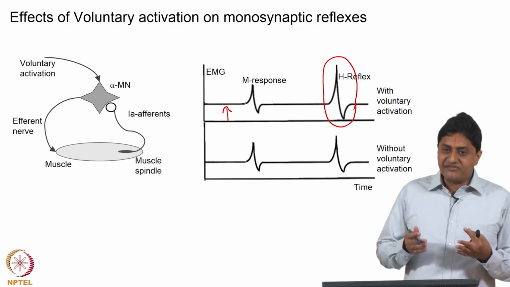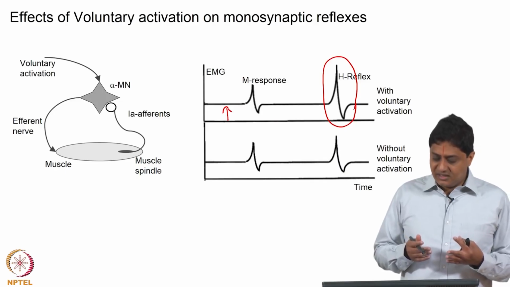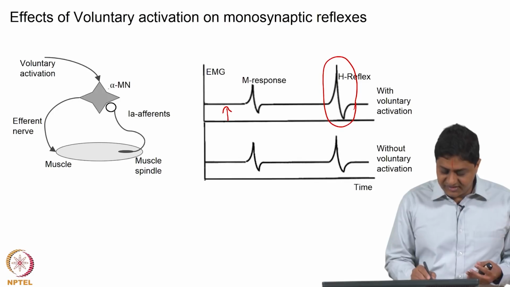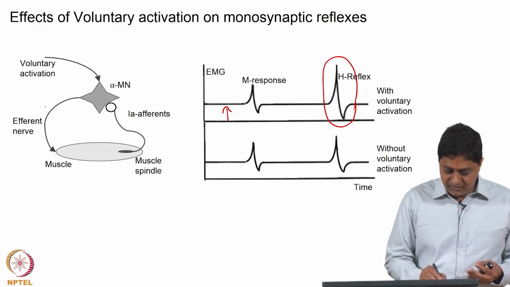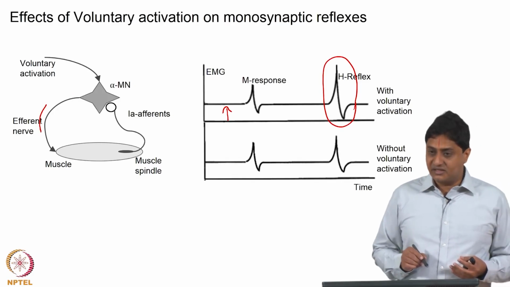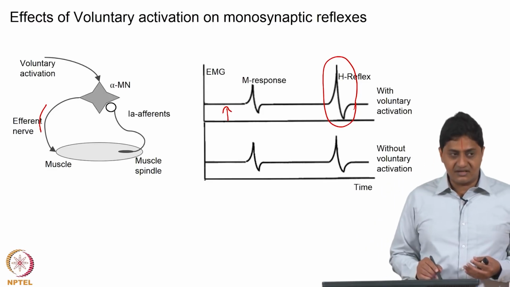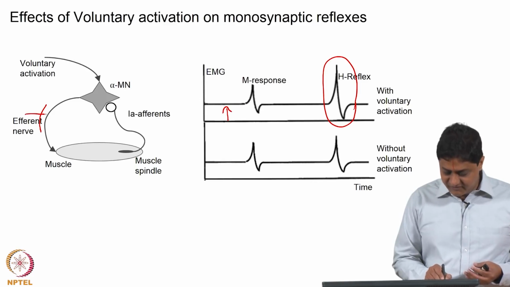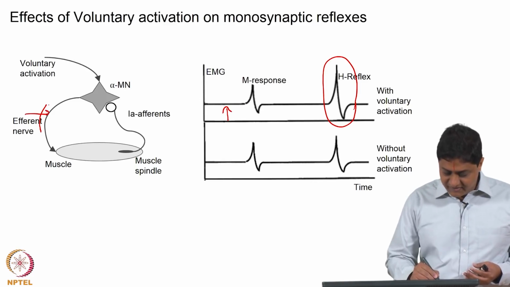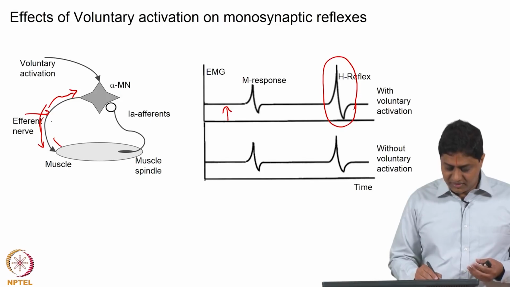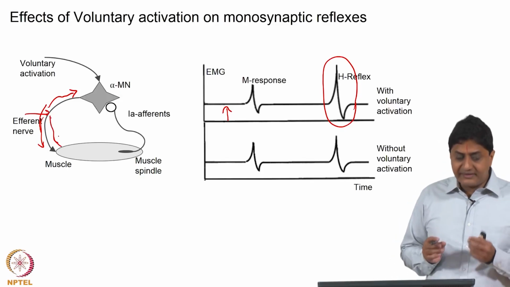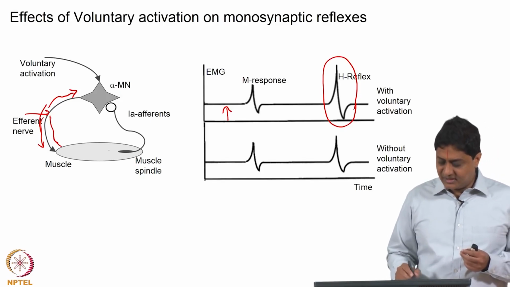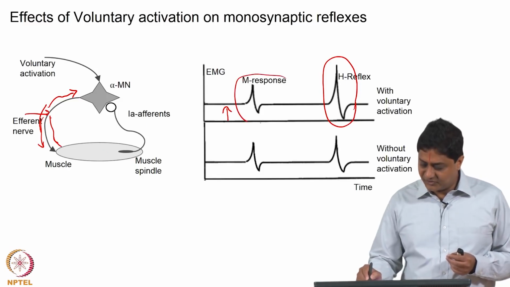After some time the alpha motor neuron, so this is the alpha motor neuron, their axons start getting stimulated, and if the stimulation is given here, the action potential travels in two directions, in that direction as well as in that direction. This distance is shorter, so there is going to be a smaller delay for the muscle response, and that is what you see as the M response here.